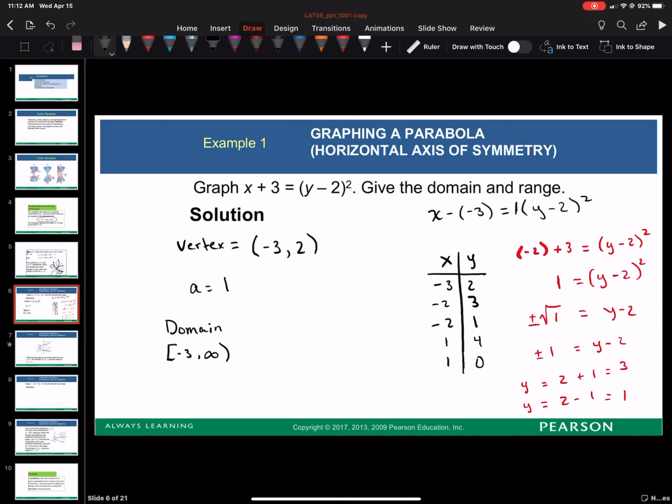Now, let's look at the axis of symmetry, or the line which it is symmetric to. It's symmetric about y is equal to 2.